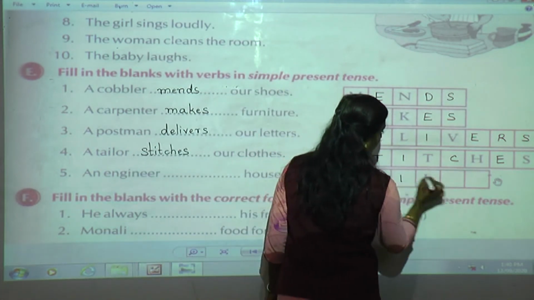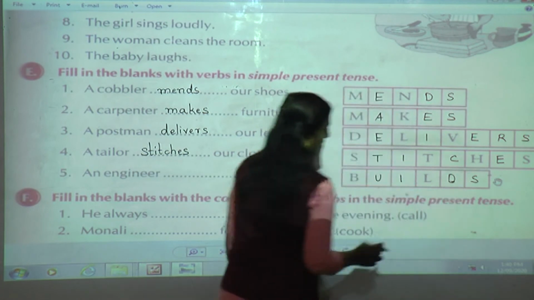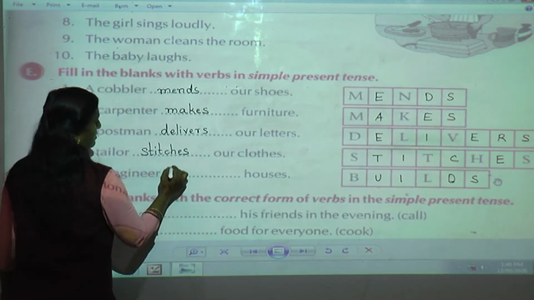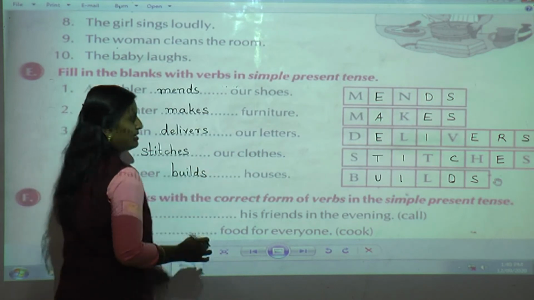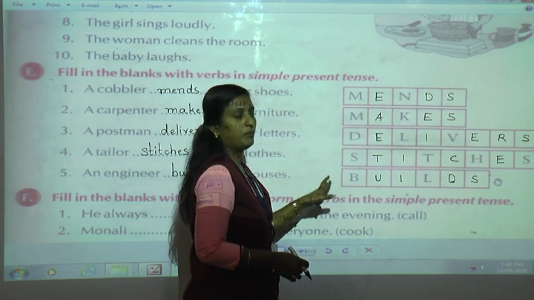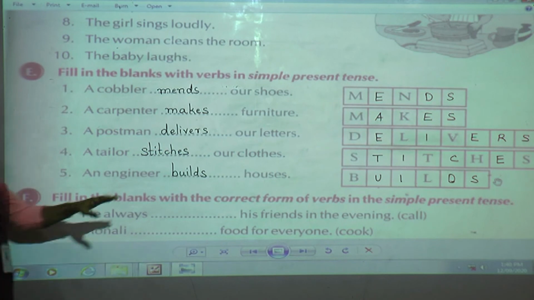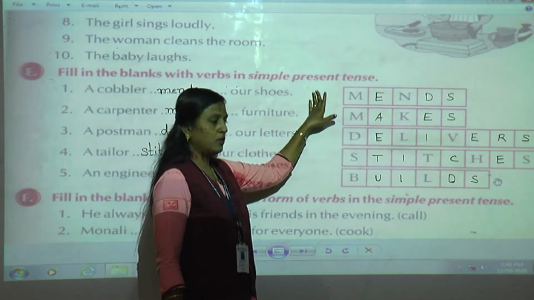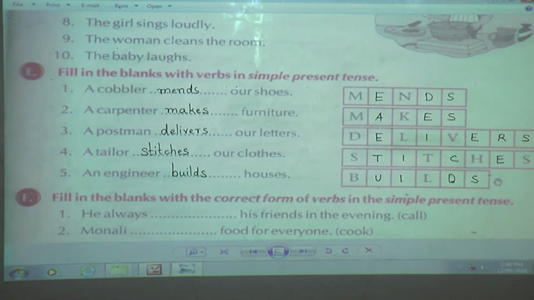Yes, he builds houses or buildings. See, as time is less, either you complete this or you can complete this. Better you complete this, afterwards you can fill the blanks. Again I will tell you, first fill this, okay, and afterwards you can fill the blanks. Got it?